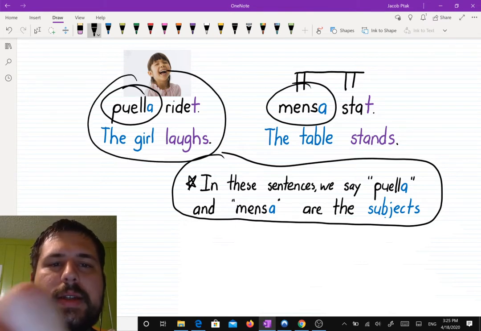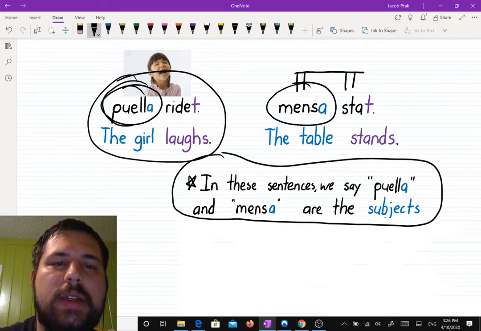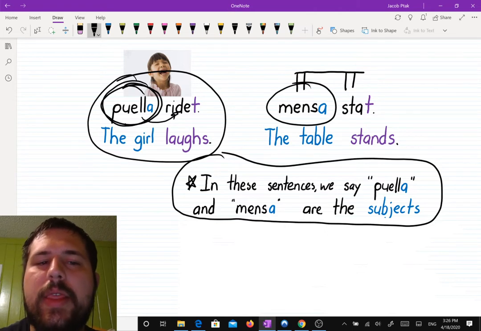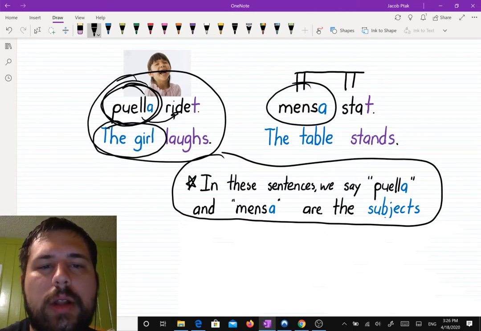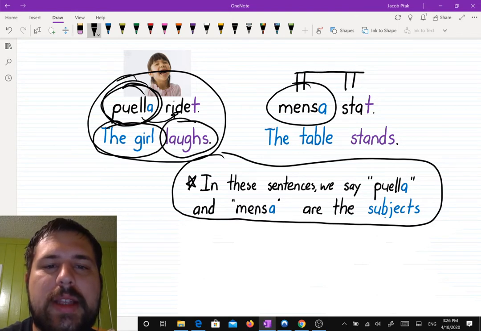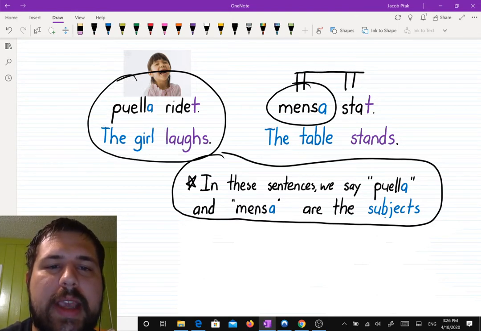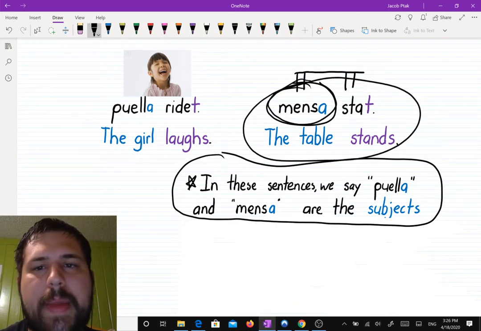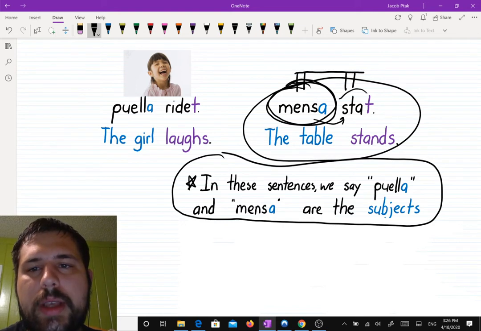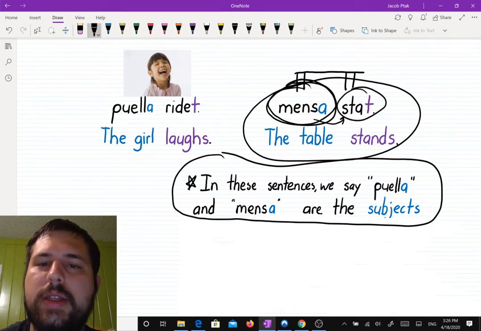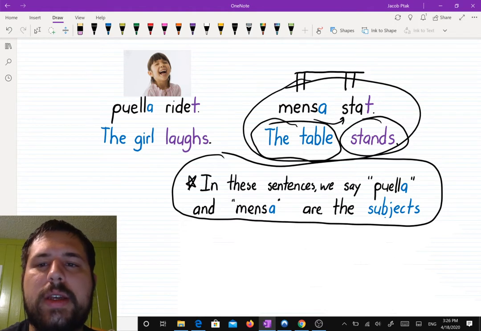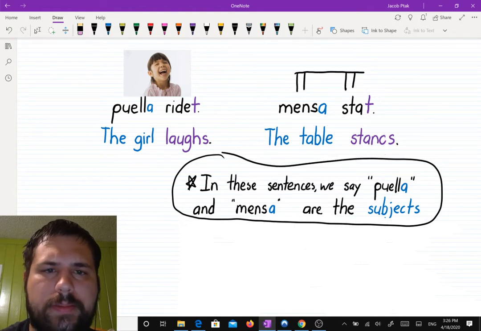In this sentence, the subject is Puella and the action is ridet. The subject is the girl and the action is laughs. So the subject does the action. In this sentence, the subject is mensa and the action is stat. The subject is the table and the action is stands. So the subject does the action word.